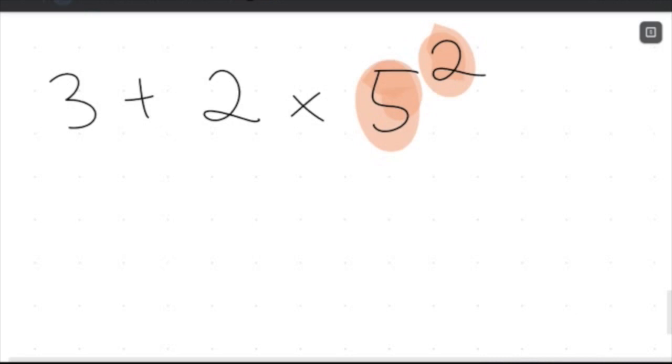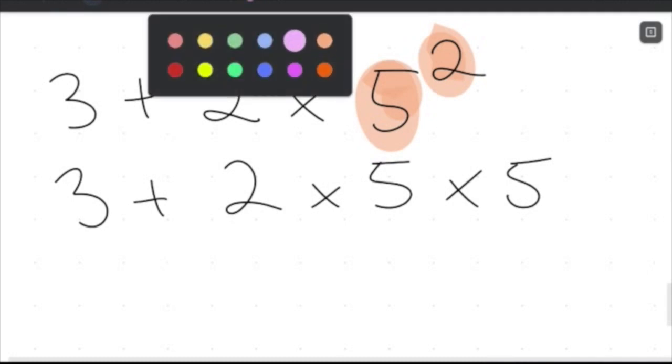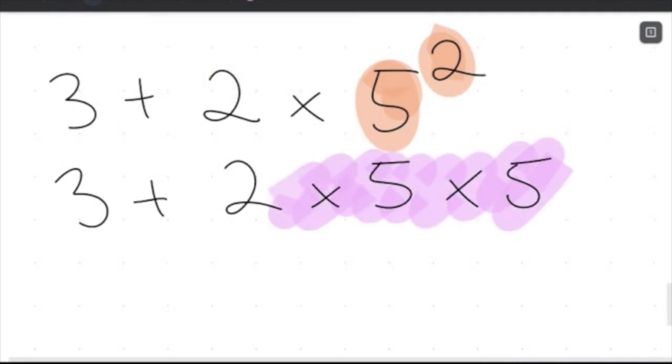So this is the same as saying 3 plus 2 times 5 times 5, because by definition, 5 squared is a shortcut, an abbreviated way of writing 5 times 5. And then here, we can just use our BODMAS. I went through this in more detail in another video series, but 2 times 5 times 5, I want to do first. So 2 times 5 gives me 10, times 5 gives me 50.